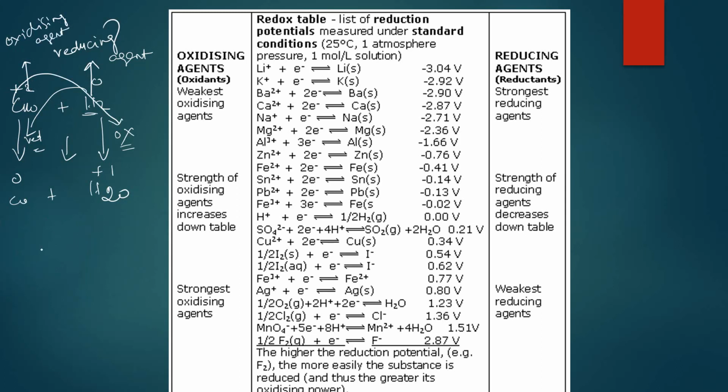So simply, oxidizing agent means what? The one which is getting reduced. That can be considered an oxidizing agent: the oxidizing agent gets reduced itself. Like that, who is the reducing agent? The one which gets oxidized.